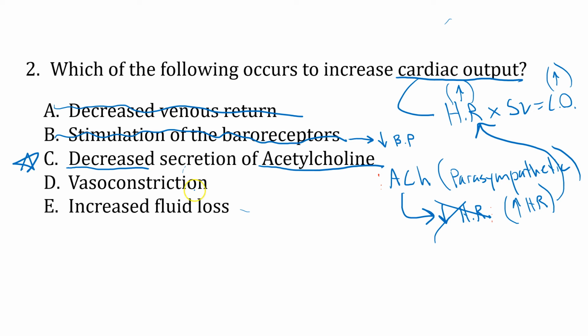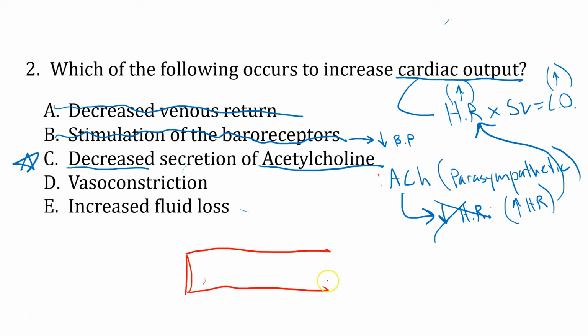All right, and then let's take a look at these others and see if there's any others that apply here. Vasoconstriction. This is going to get to this idea of total peripheral resistance. So again, I'm going to draw my blood vessel here. Here's my nice little blood vessel.